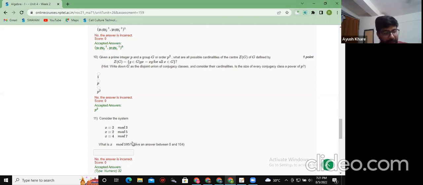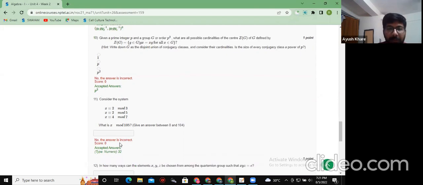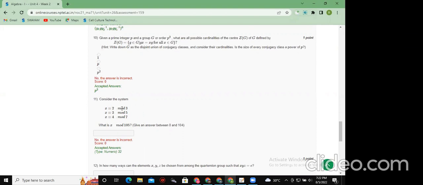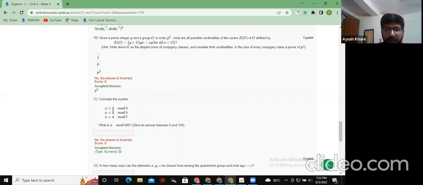The best way is to use the corollary of the Chinese remainder theorem. I'm not stating it here, but you can go and have a look at it. The answer is 32 here, and you can just verify 32 is congruent to 2 mod 3. 30 is divisible by 3, then 30 is also divisible by 5, and 28 is divisible by 7.